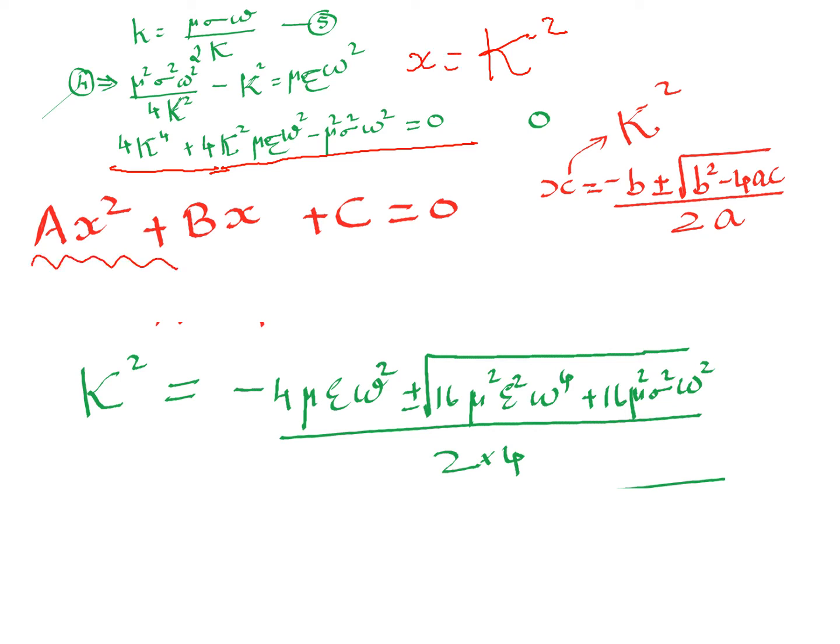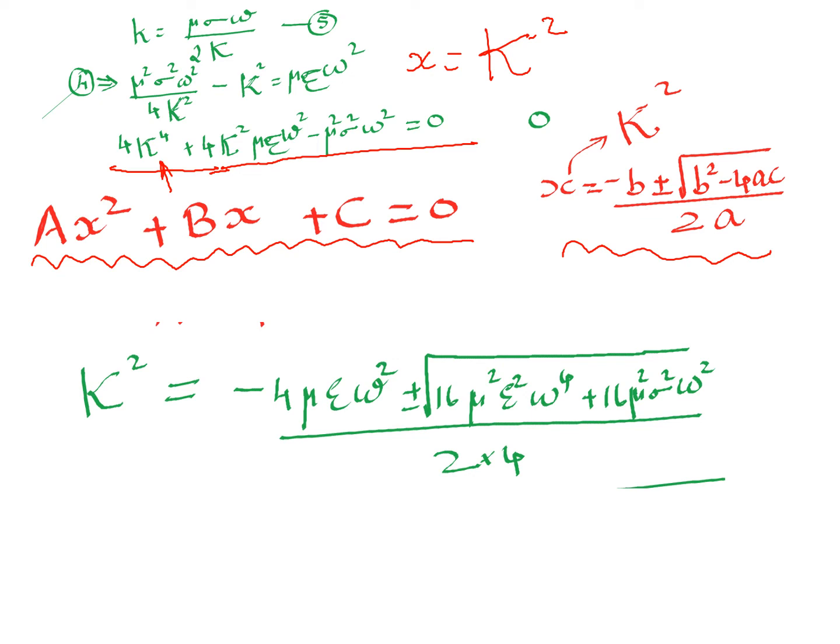So this is like a x square plus b x plus c equal to 0, where x is kappa square. And we know the solution is minus b plus or minus root of b square minus 4ac, by 2a. Utilizing that, here the variable is kappa square, not kappa, because it is kappa to the power 4 in this equation.